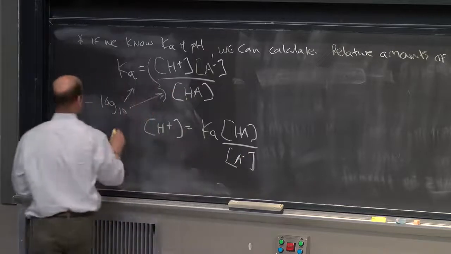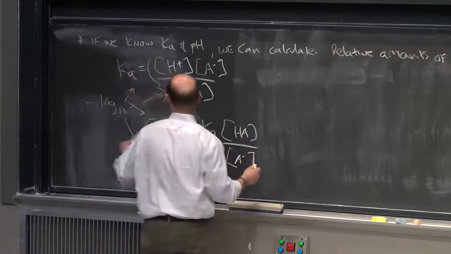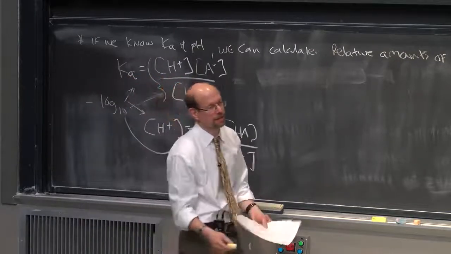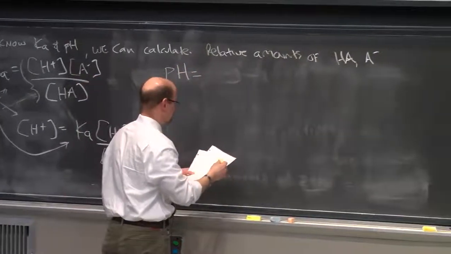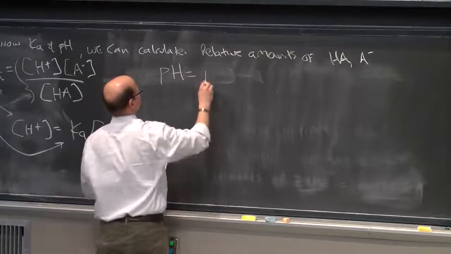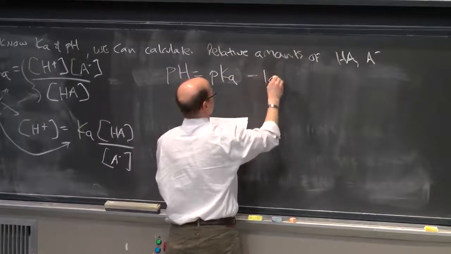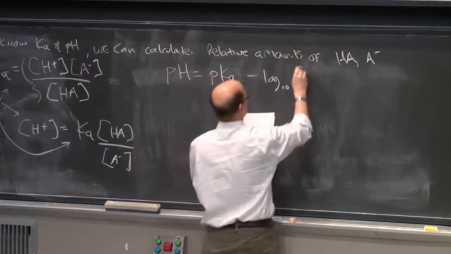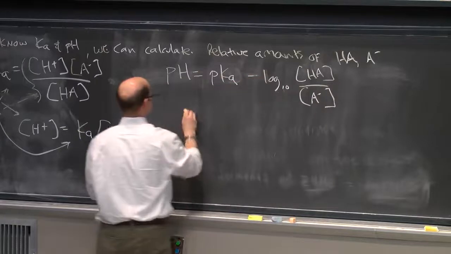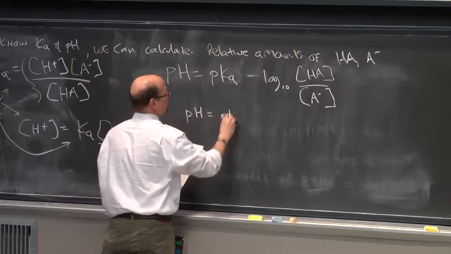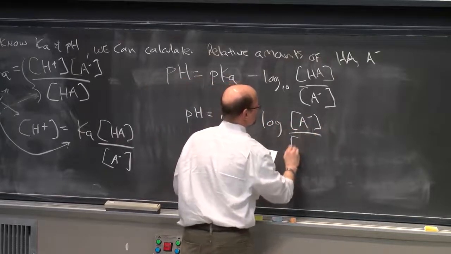And now I'm going to take the minus log 10 of this. And that will give me minus log 10 of proton concentration, which is the pH. And that is therefore equal to minus the log 10 of the Ka, which you guys told me was the pKa, right? And then it's going to be minus the log to the base 10 of HA over A minus. And I'm going to rewrite this like this, that the pH is equal to the pKa plus the logarithm of A minus over HA.